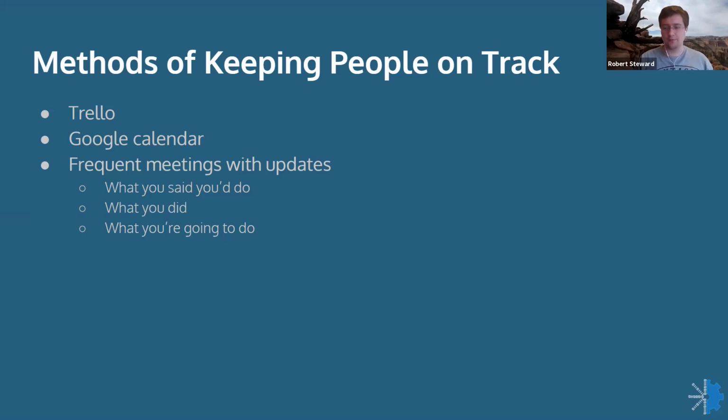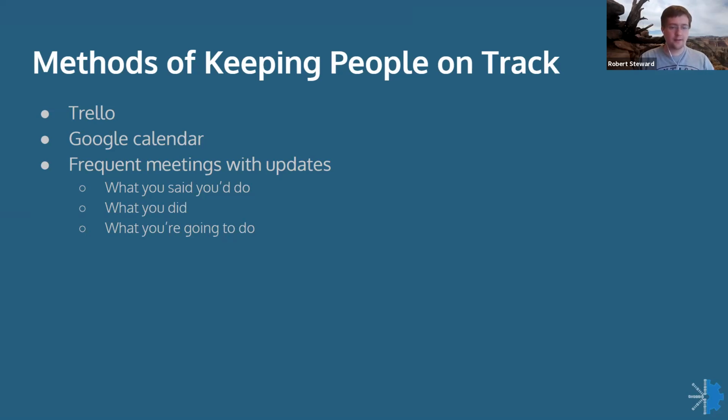Trello, if you haven't used it before, basically you can put in a list of to-dos for each person or team within the Trello boards. That way you can make sure that you know what tasks need to be completed and you can check off whether you've done them or not.